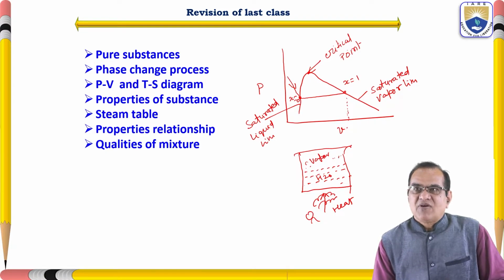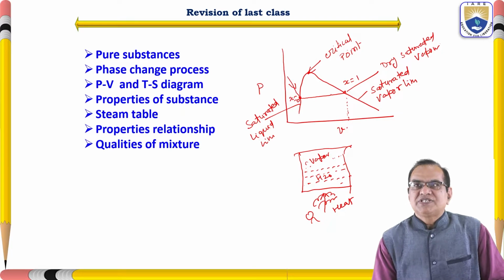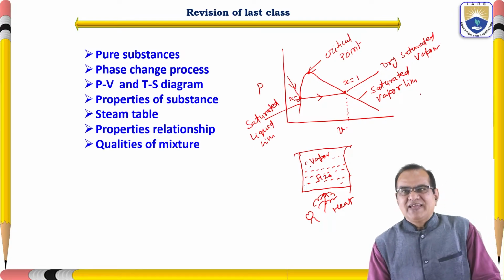So from here it is a dry vapor, there is no water mixture. As you go up, it is dry saturated vapor. Vapor is formed. This is the process we have discussed in the PV diagram, and in the same way you can make the TV diagram.